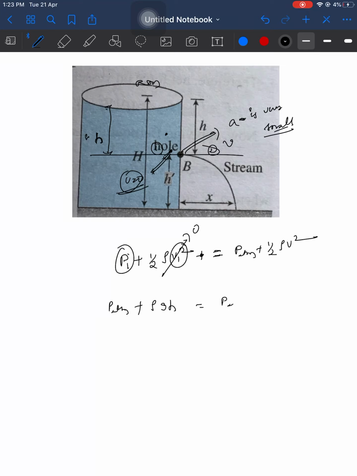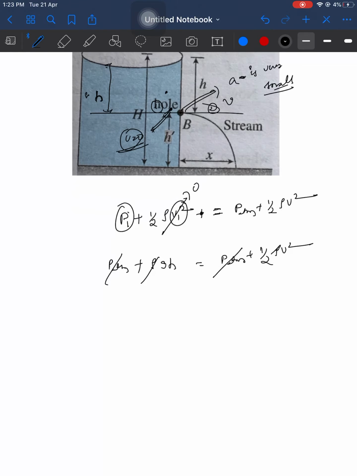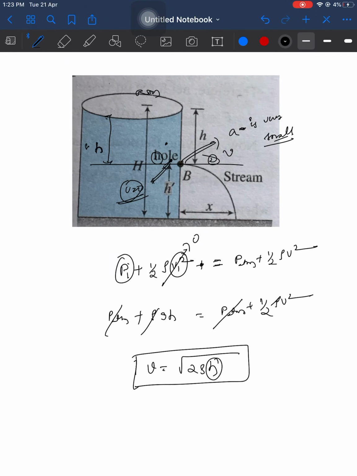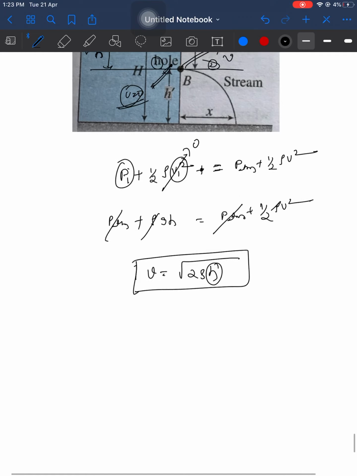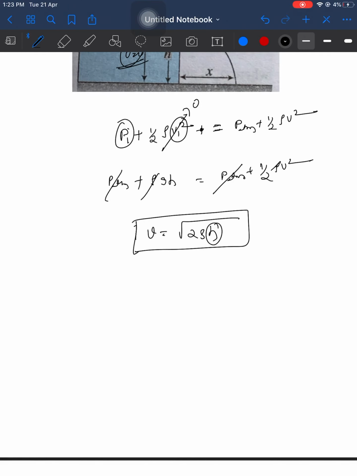So P atmosphere plus rho gh equals P atmosphere plus half rho v squared. P atmosphere gets cancelled, rho gets cancelled, V is equal to square root of 2gh. h is the liquid height above the hole. So V is equal to root 2gh.